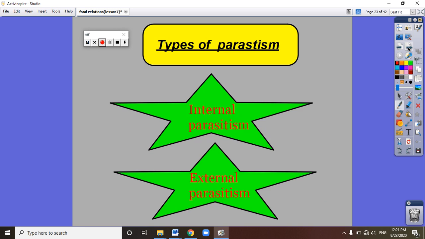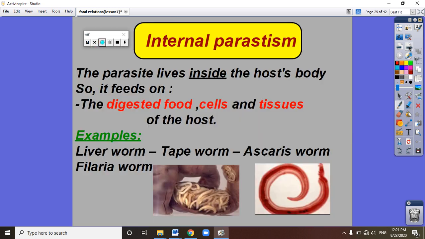And we also know that there are 2 types of parasitism: internal parasitism and external parasitism. Let's start with internal parasitism. In internal parasitism, the parasite lives inside the host's body.